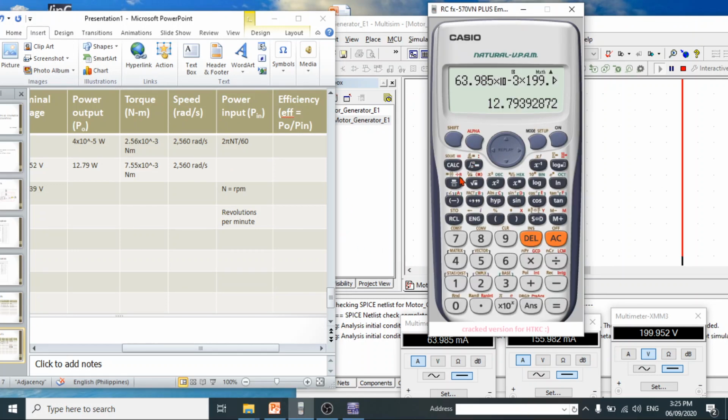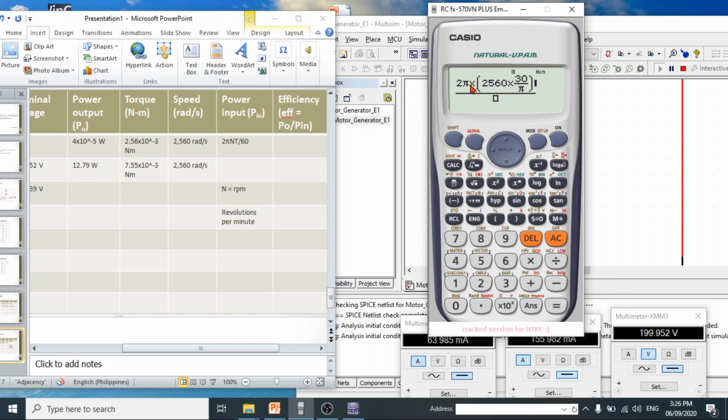If you have your calculator, you can type 2 pi times N, the speed in RPM, so that's 2560 times, to convert radian per second to RPM, you need to multiply it with 30 over pi.